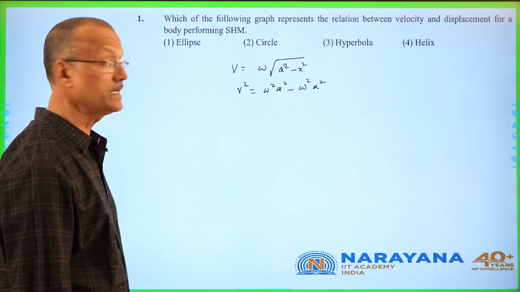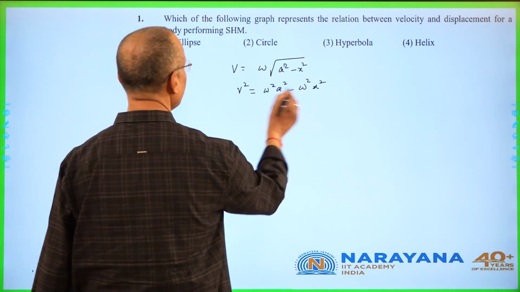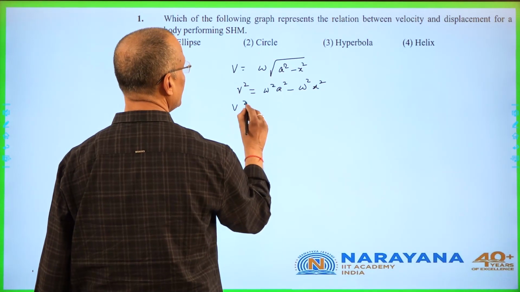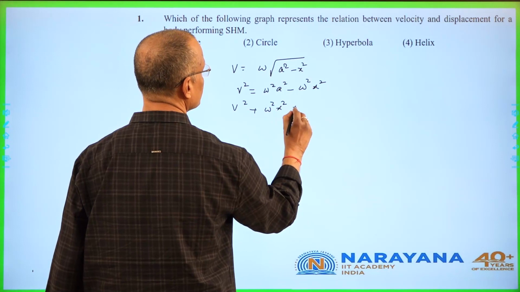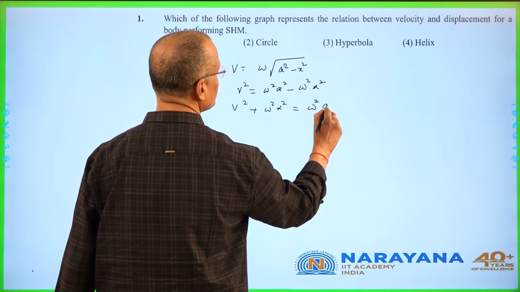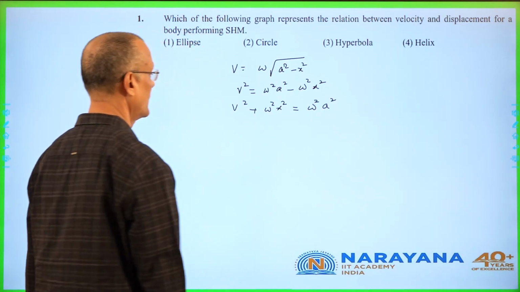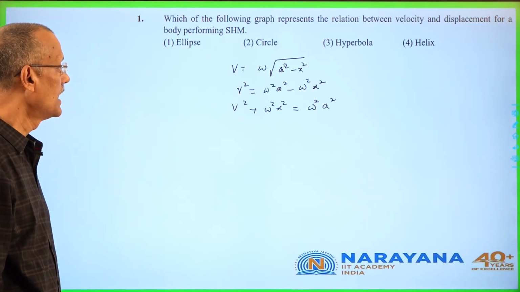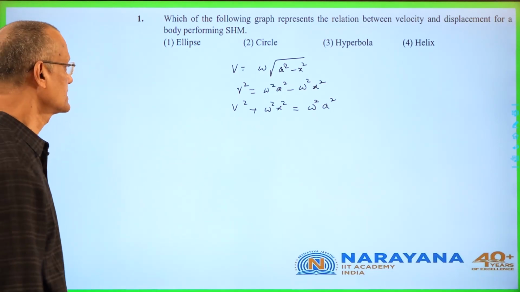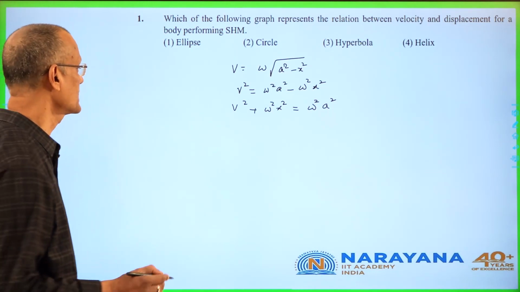Your displacement is x. So you bring it this side: v squared plus omega squared x squared equals omega squared a squared. You are taking velocity on the y-axis and displacement x on the x-axis.